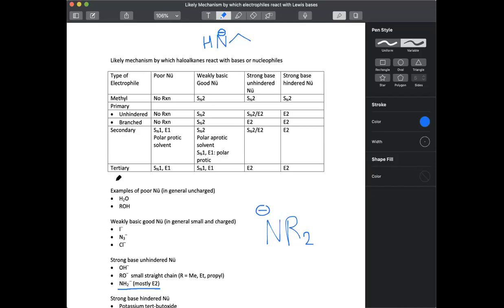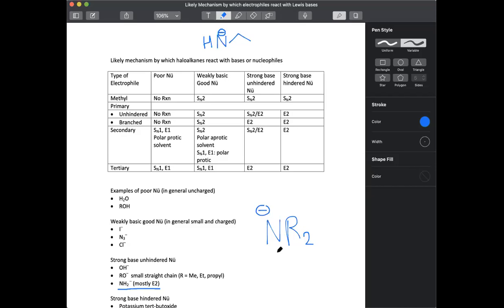I just remember that anything with a negative charge on nitrogen is a super, super strong base. So it's going to do E2, regardless of whatever it has on it. If it's something else like hydroxide or an alkoxide, then you'll get some SN2, because negatively charged oxygens aren't as strong a base as negatively charged nitrogens.